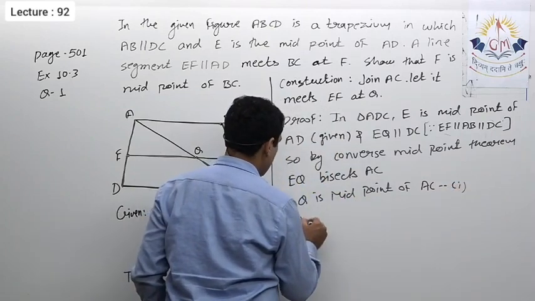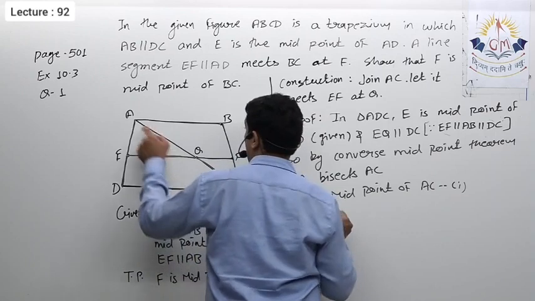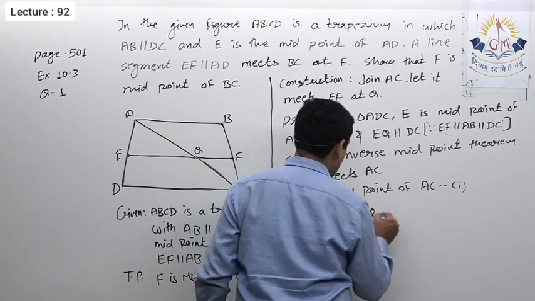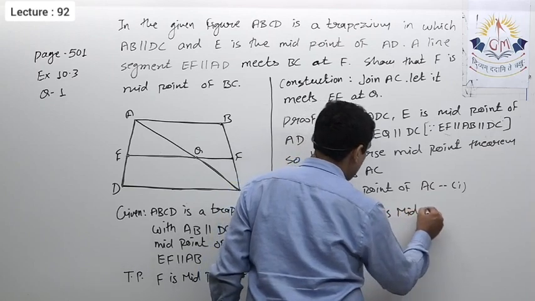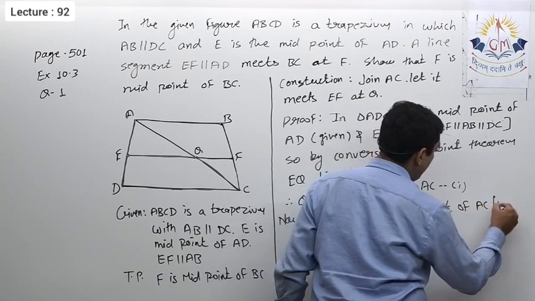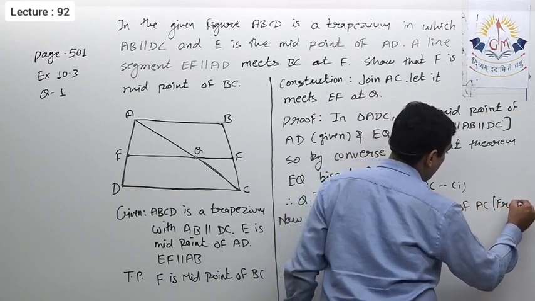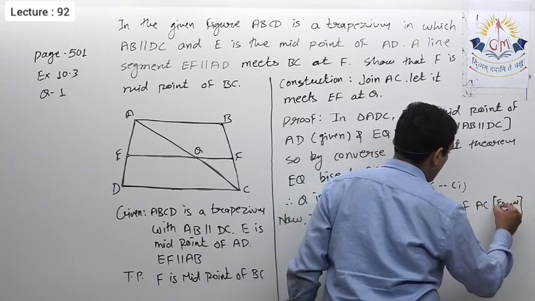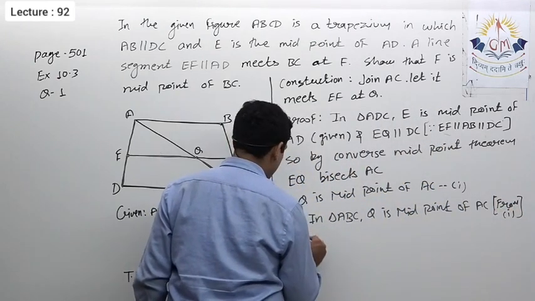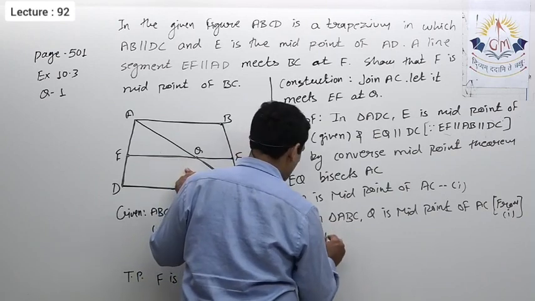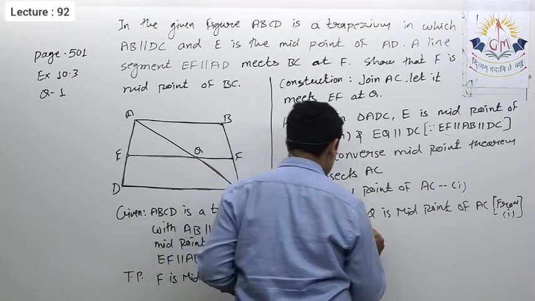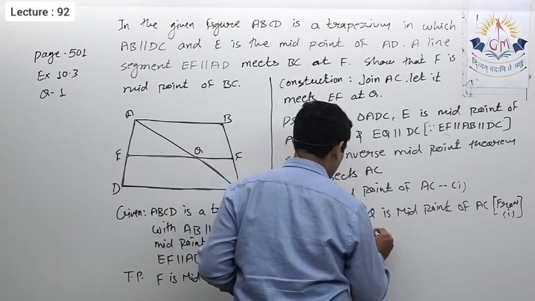Now in triangle ABC, Q is midpoint of AC from first, and QF parallel AB because EF parallel AB.